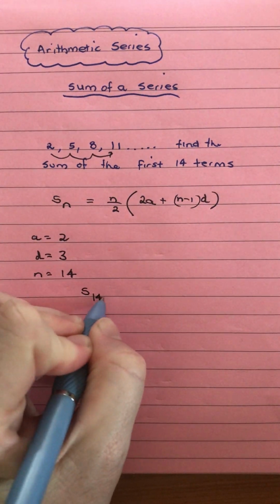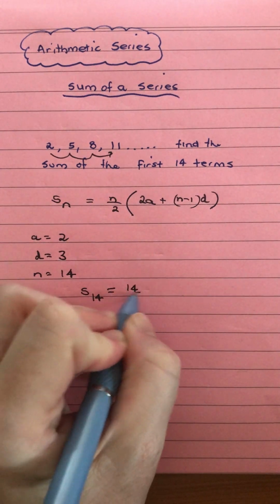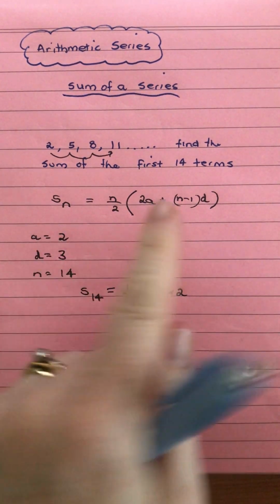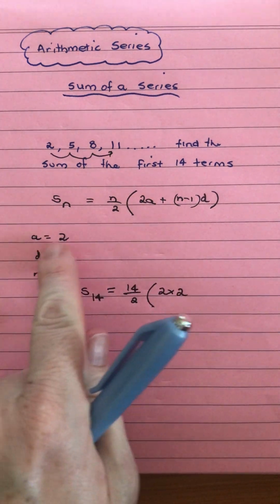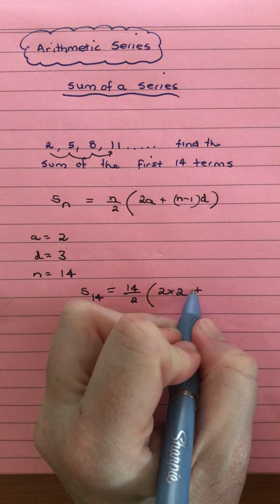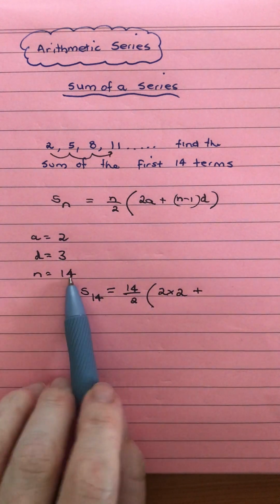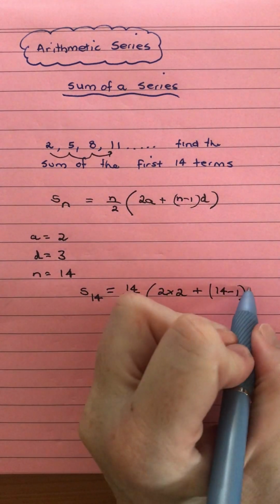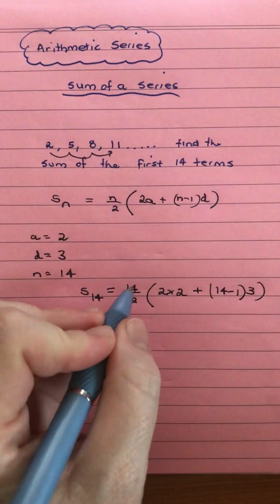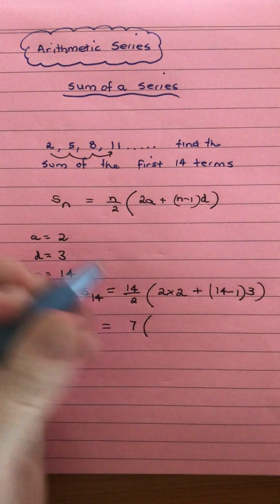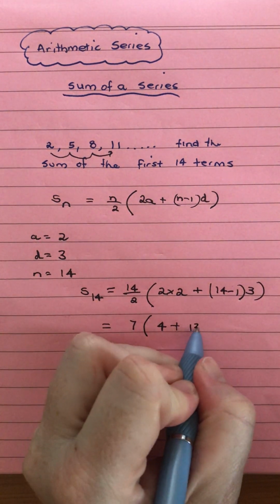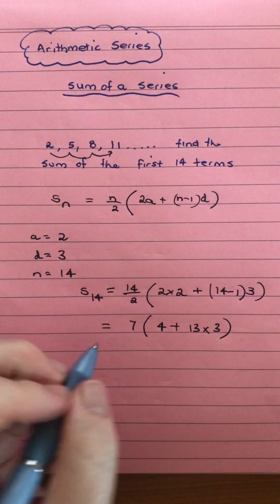So S of 14 is going to equal 14 over 2 outside of 2 times 2, because we've got 2 times a and our a is equal to 2, plus n minus 1, so we're going to do 14 take away 1, and we're going to multiply that by 3. 14 divided by 2 is 7, 2 times 2 is 4, 14 take away 1 is 13 times 3.